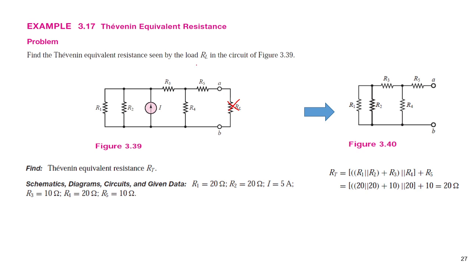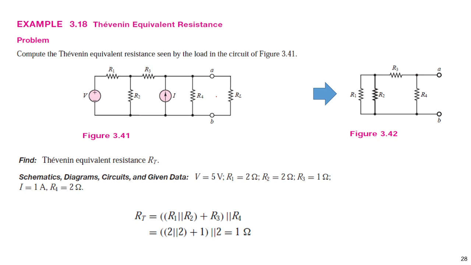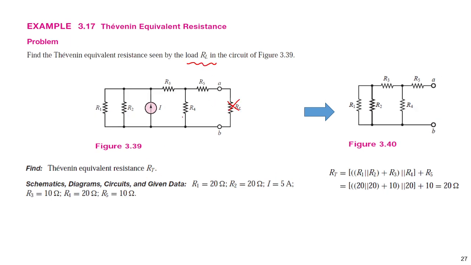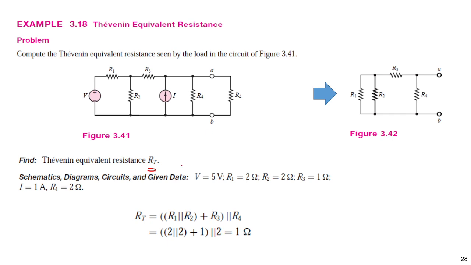They would like us to find out RL, and VT later. So in this case, to find RT, what is RT? This voltage becomes short, and this current becomes open.